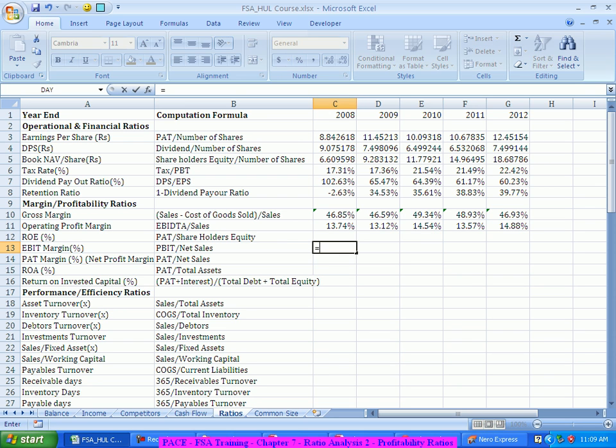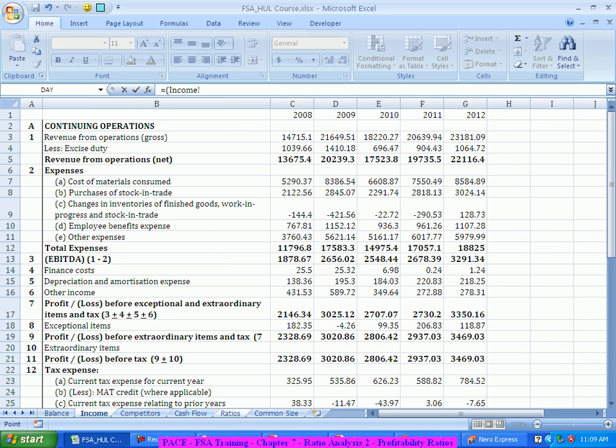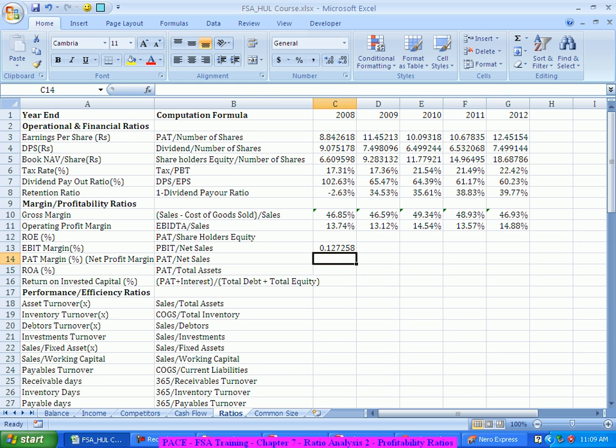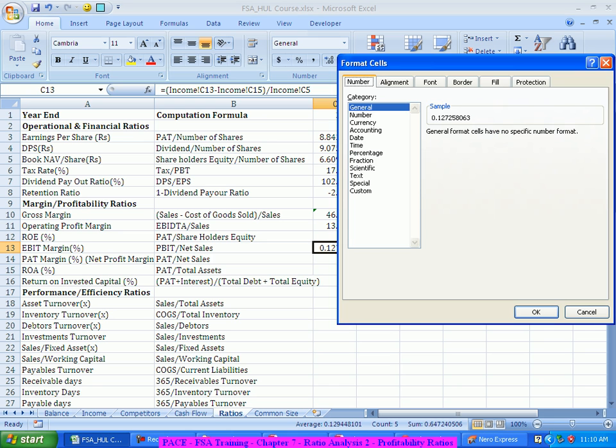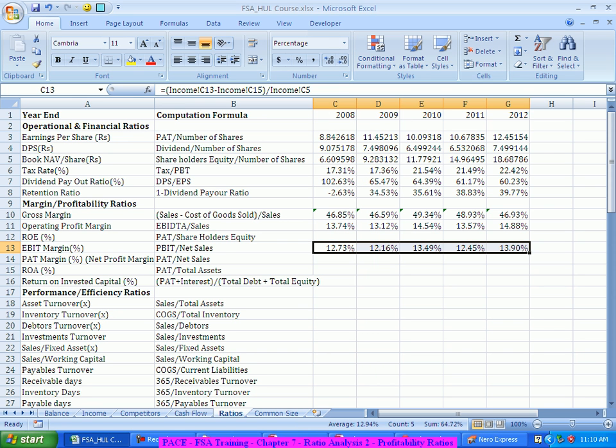This is what I am looking at: EBITDA minus depreciation divided by sales. Almost 12.72%. There also the company is around 13.89%. Even after the depreciation is taken care of, the company's profitability is around 13.9%.